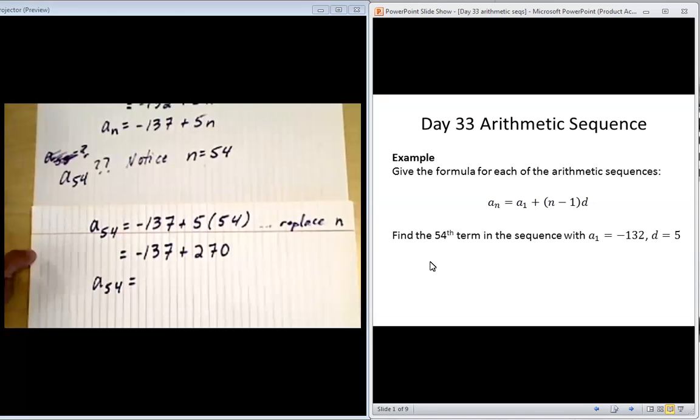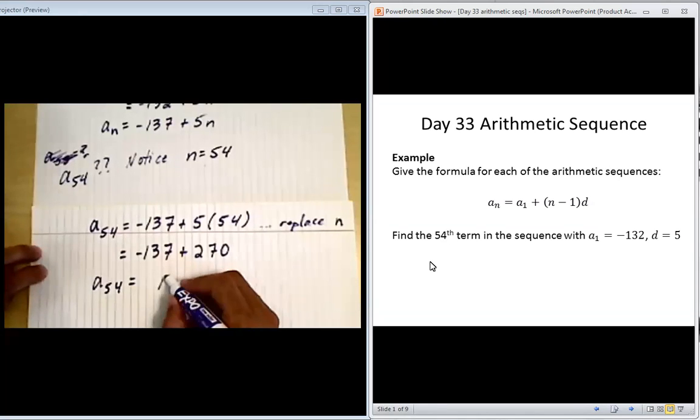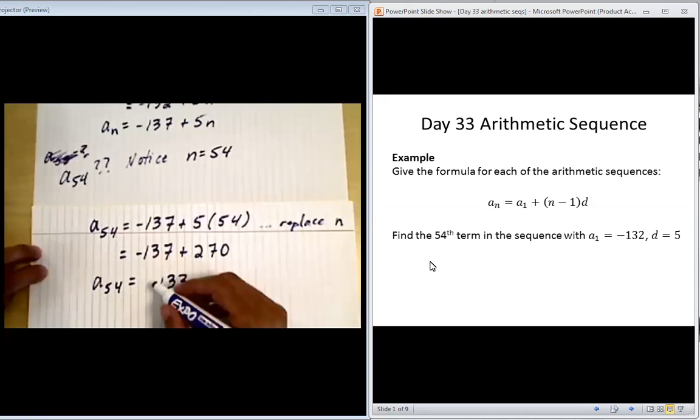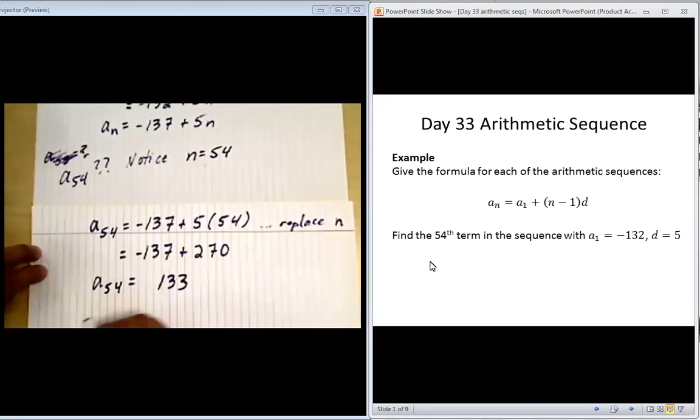So if you subtract 270 from 137, what do you get? 133. Yeah, you get 133 when you subtract those. And then we have to decide, do we keep it positive or is it negative? Well, positive is the bigger number, right? Yes. Positive is the bigger one. So we're going to keep it as plus 133 there. Finished.